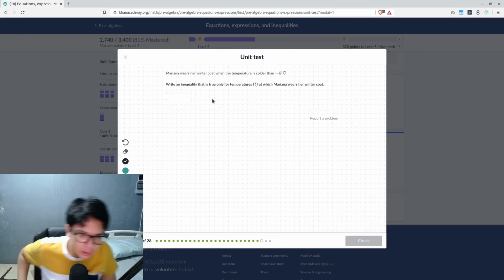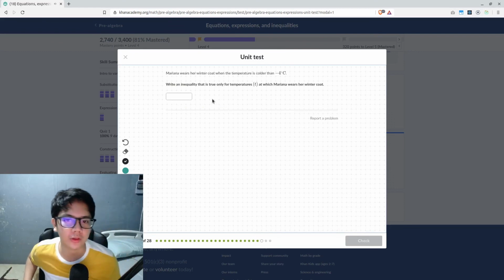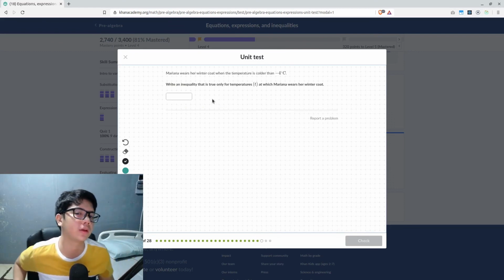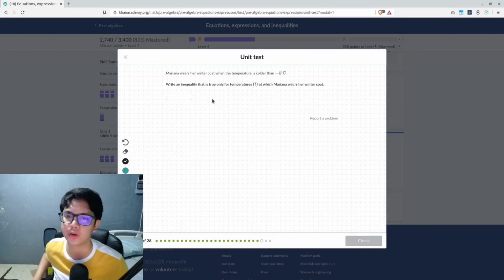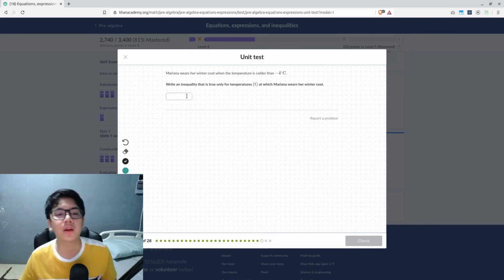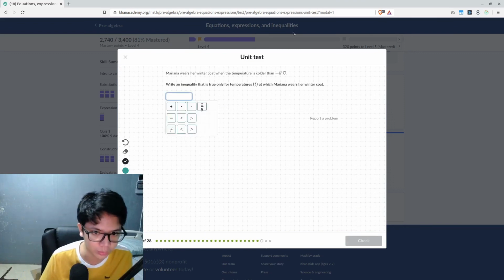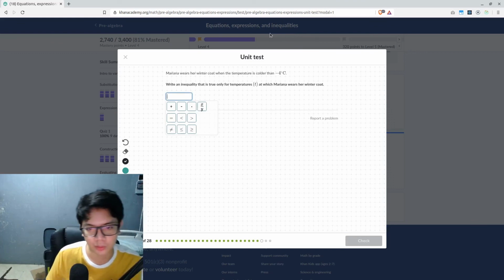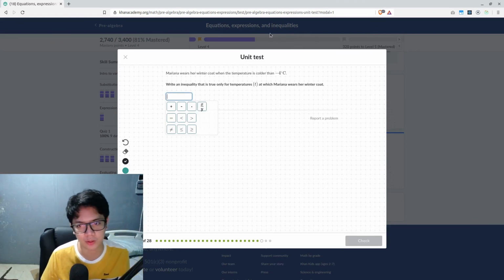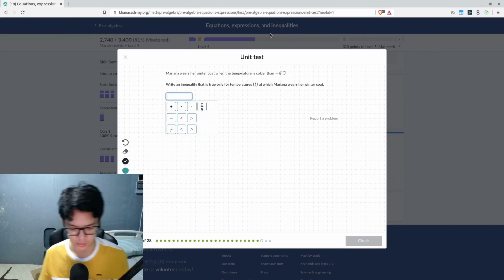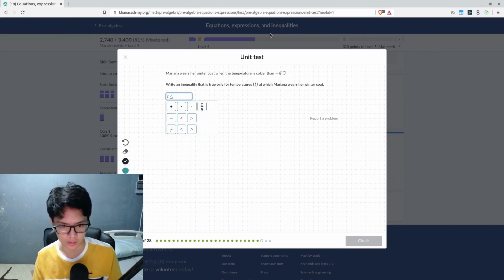Okay. Mariana wears her winter coat when the temperature is colder than -4 degrees Celsius. Write an inequality that is true only for temperatures at which Mariana wears her winter coat. It's less than or equal.